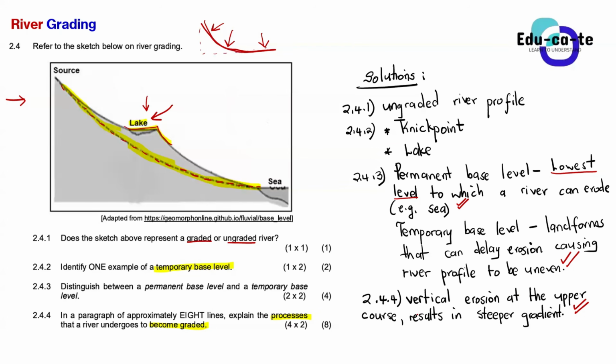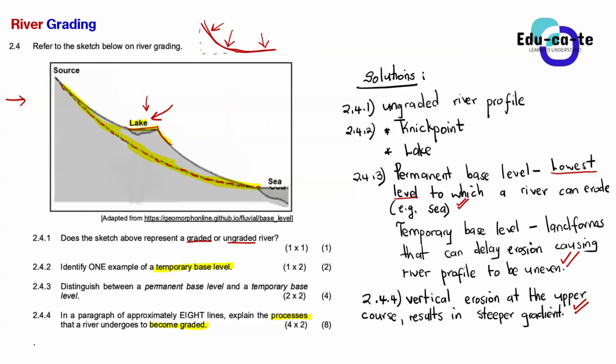Downward erosion. Okay, so you can say vertical erosion, whereby the water is digging deep into the valleys. So the valleys are going to be deep and steep. They're going to be V-shaped. So vertical erosion does cause a steeper gradient. What other process happens? Lateral erosion at the middle course.